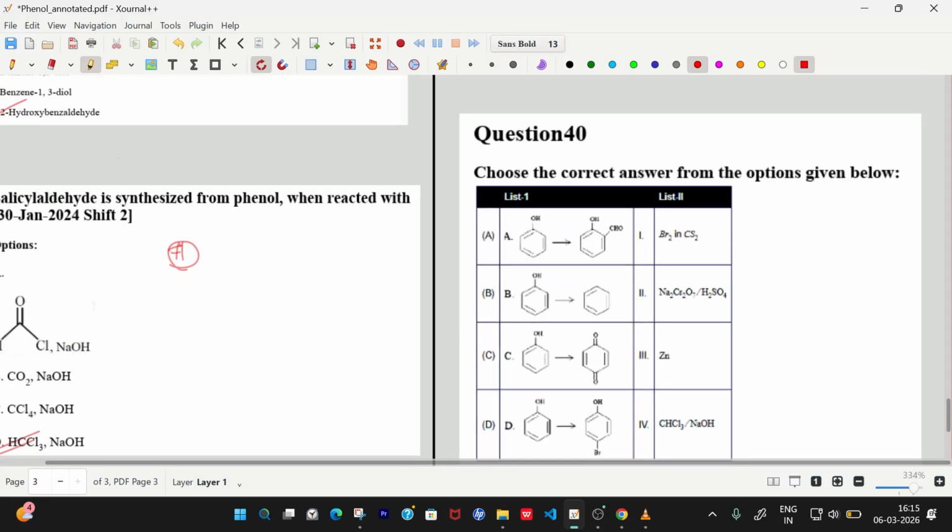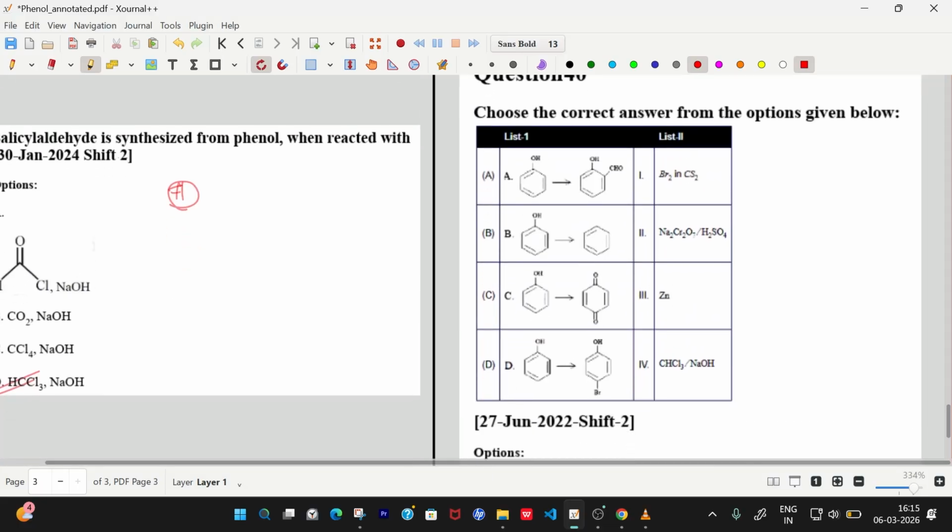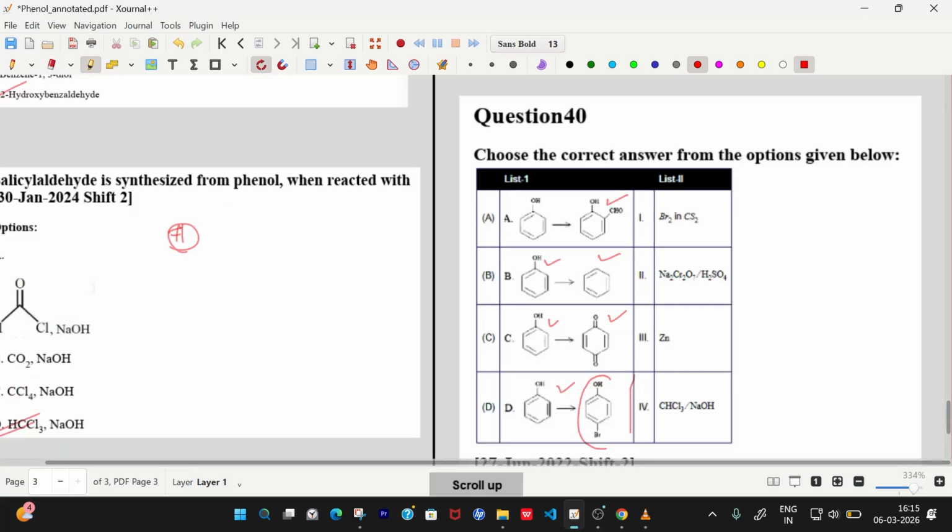And this is the last question. Here phenol is converting into salicylaldehyde, phenol is reducing into benzene, phenol is oxidizing into benzoquinone, and phenol is converting into monobromophenol.